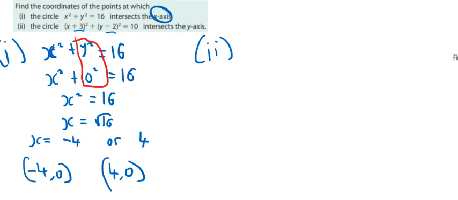Because we're looking for where it intersects the y-axis, I'm going to let x equal 0. Remember, you let the other one equal 0. So to find where it intersects the y-axis, you let x equal 0.